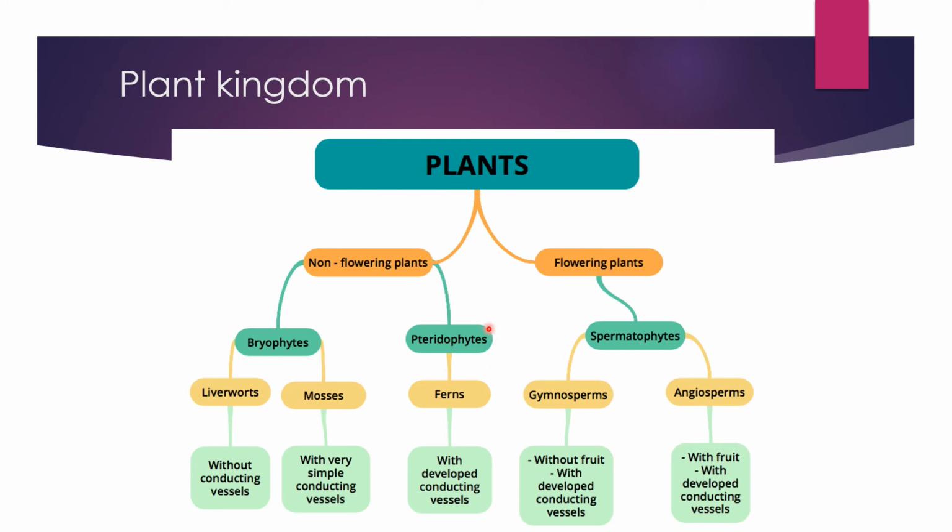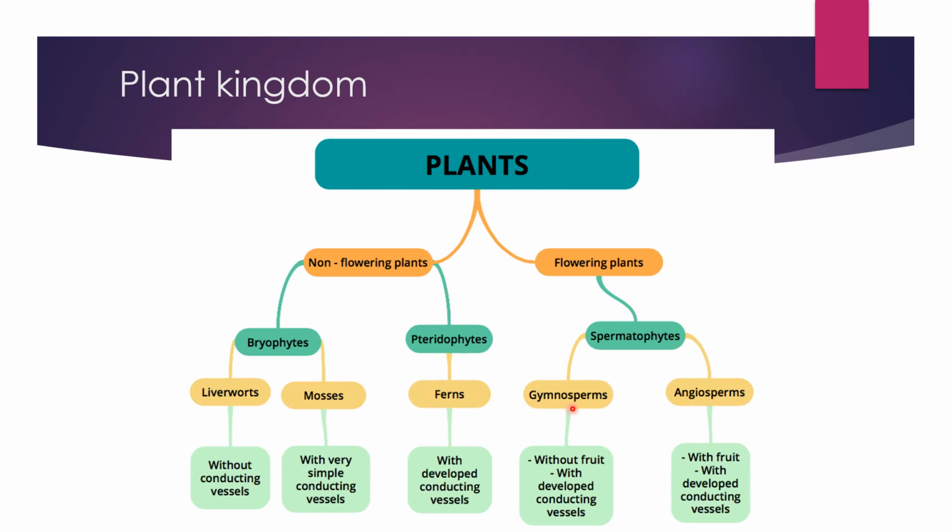Next one is the pteridophytes. These are the ferns, very common, and all of you have seen them on constructed buildings left for a long time, where it's moist. And flowering plants are of 2 types, gymnosperm and angiosperm.